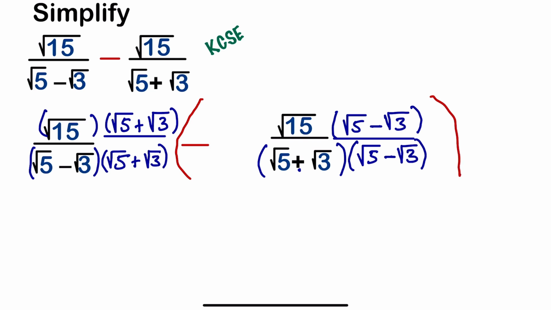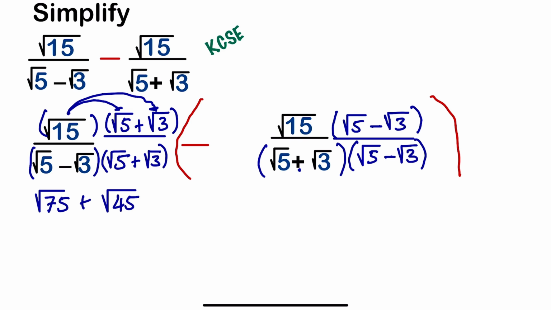So if we continue, if we multiply this, we are going to get root 75. We're going to have the square root of 15 times 5 is 75, plus root 15 times root 3 will give us root 45.